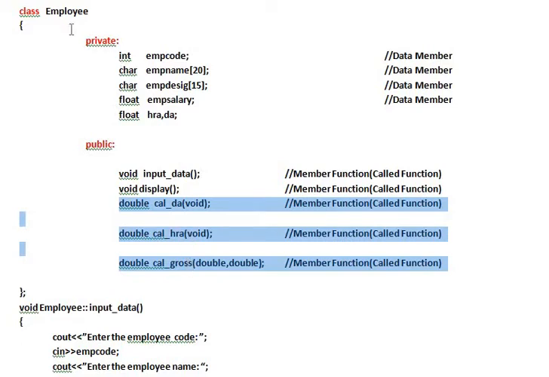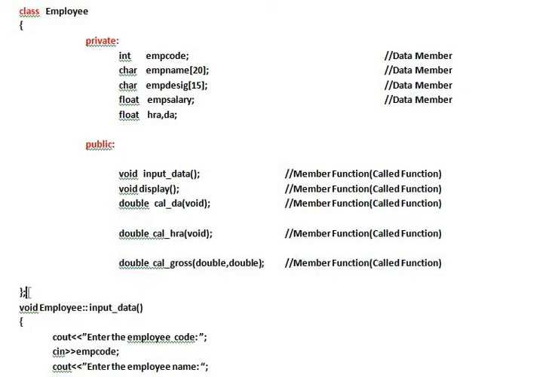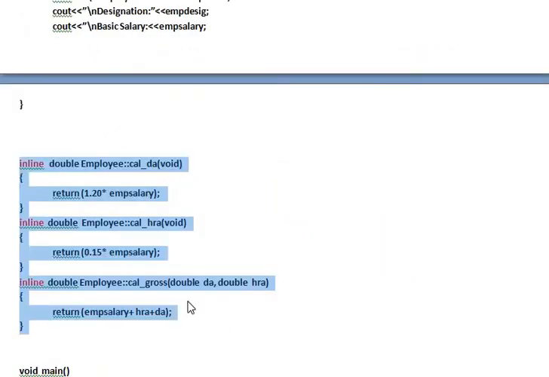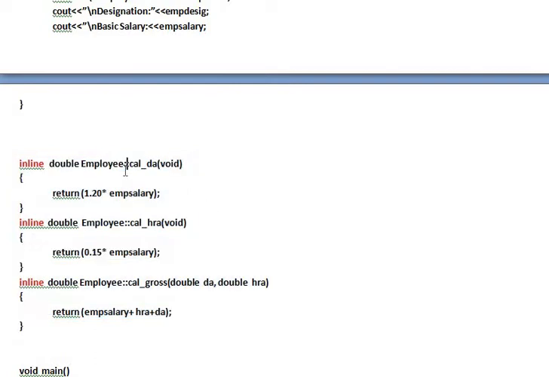The implementation details of these member functions are hidden inside this class. Instead, the class body ends here with the help of this semicolon, and the implementation details are defined outside the class with the help of this scope resolution operator.